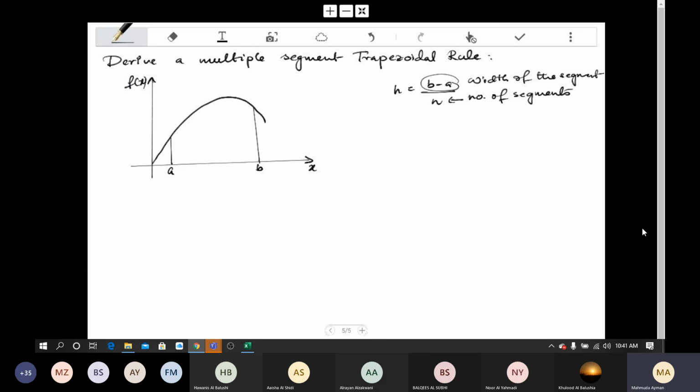So the distance between each segment is going to be h. Okay, so how will we write it down? Let's say if we're dividing into equal segments here, I'll not write the ones in between.